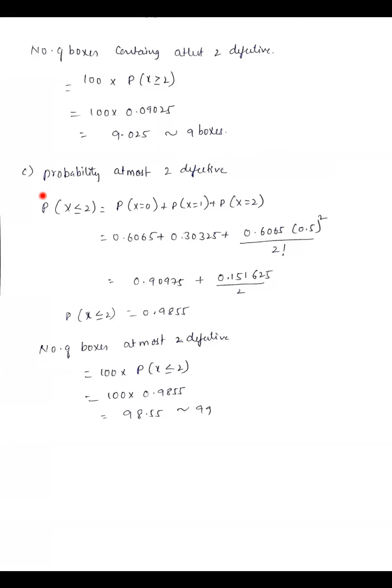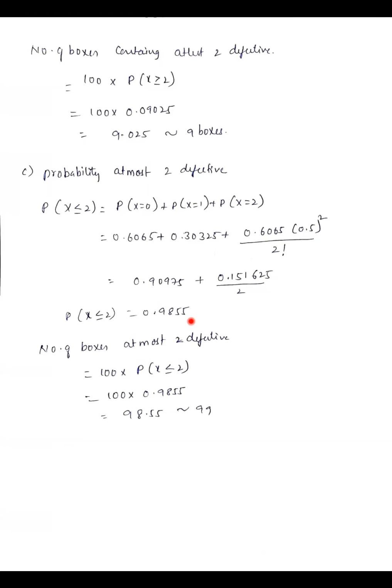And the third one is the probability of at most 2 defective. At most means not more than 2. This can be represented by the equation P(x = 0) plus P(x = 1) plus P(x = 2). We have calculated P(x = 0) and P(x = 1), and finally we have to calculate P(x = 2).